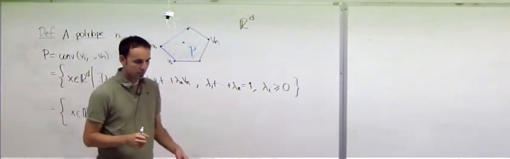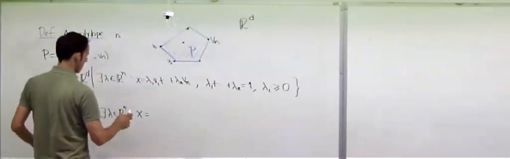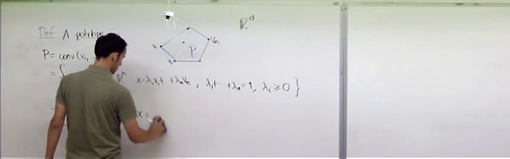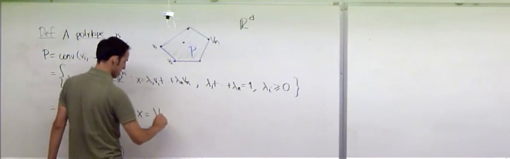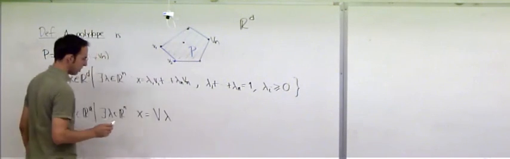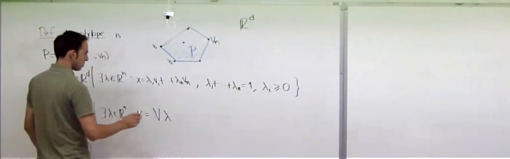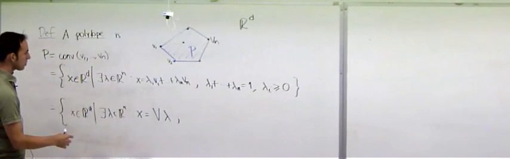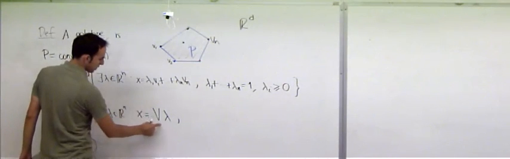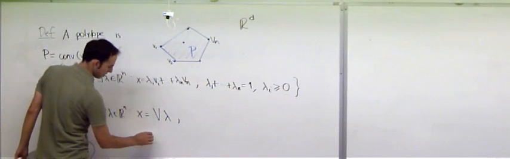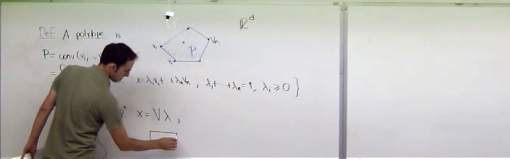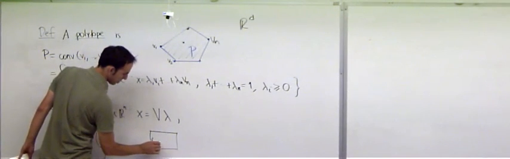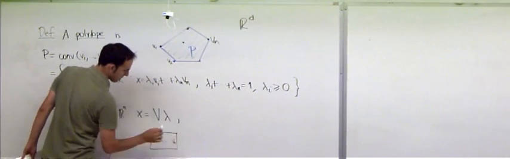I can write it as x equals the matrix V times lambda, where the matrix V is the matrix whose columns are my vectors V1 up to Vn.